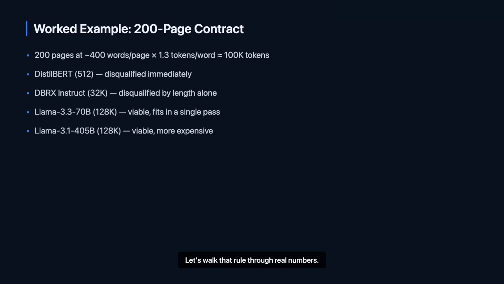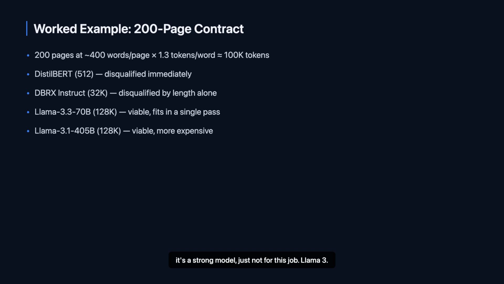Let's walk that rule through real numbers. A 200-page contract, at roughly 400 words per page and 1.3 tokens per word, lands around 100,000 tokens. DistilBERT at 512 tokens is disqualified immediately by 2 orders of magnitude. DBRX instruct at 32K is disqualified by length alone.